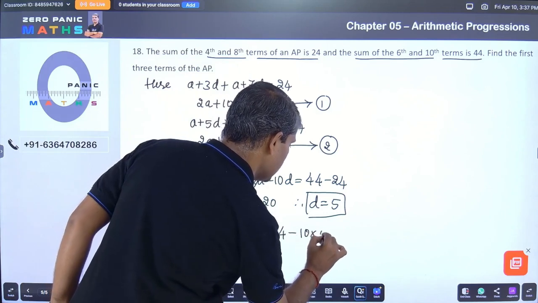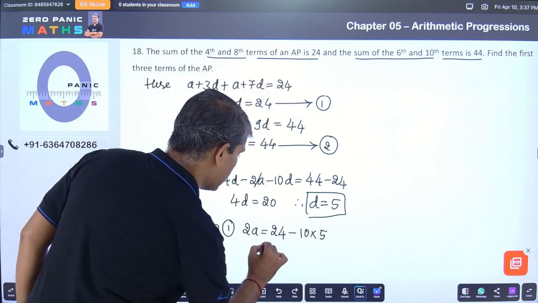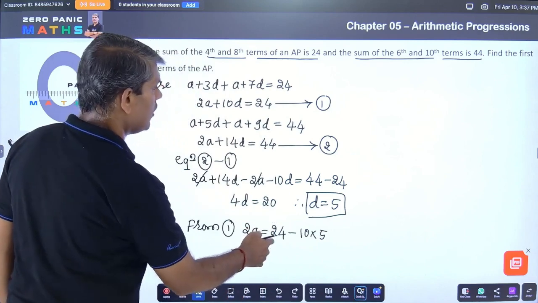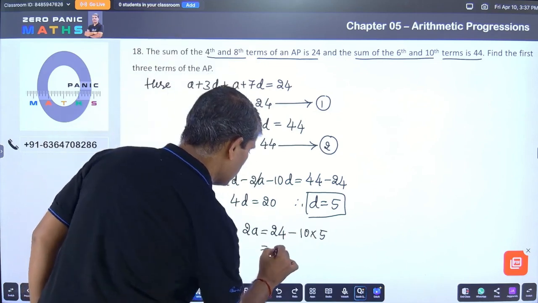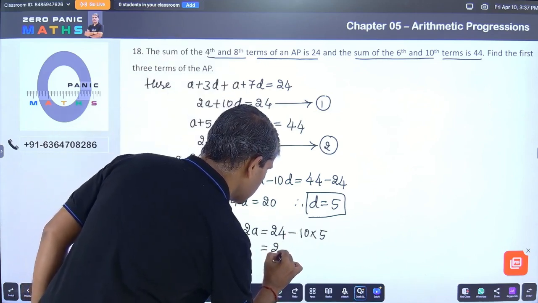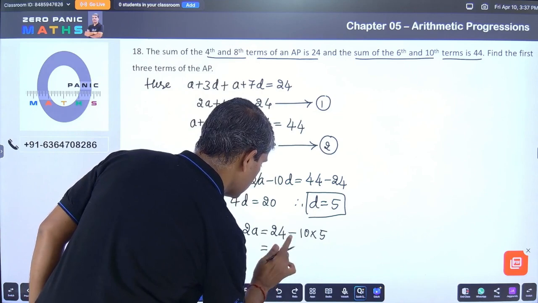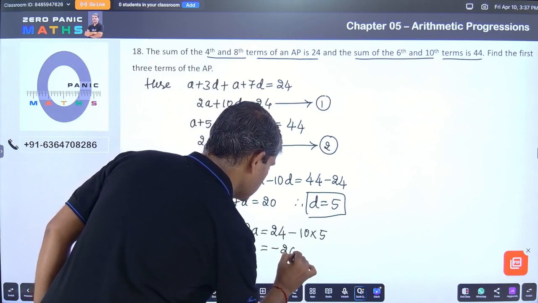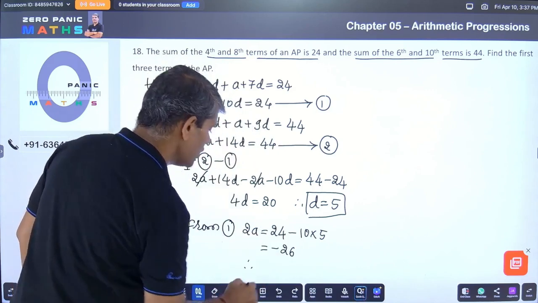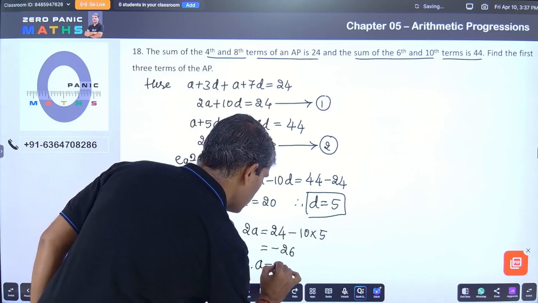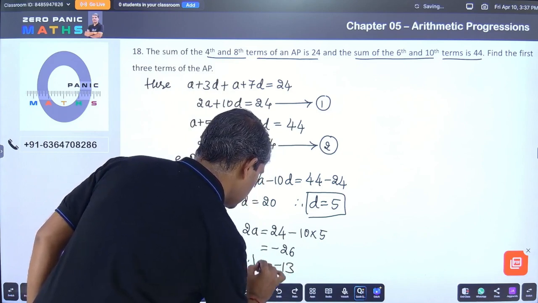What is D? It is 5. So it is equal to 24 minus 50, minus 26. Therefore A is equal to minus 26 divided by 2. So A is equal to minus 13.